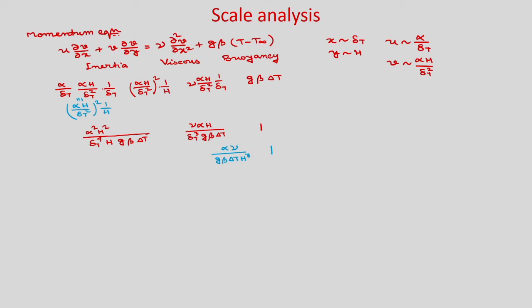Now, h cube we have just divided, so we will multiply in the numerator h. So, it will be h cube, sorry, here this term 1 by delta t. So, it is x square, right. So, it will be delta t square. Okay. So, you see it is x square, so x is order of delta t. So, it will be delta t square and it will be delta to the power 4.